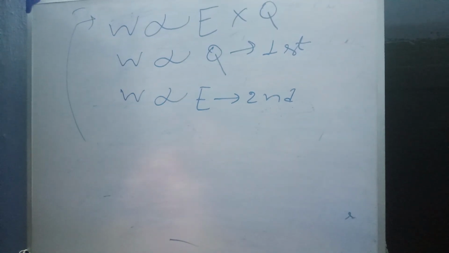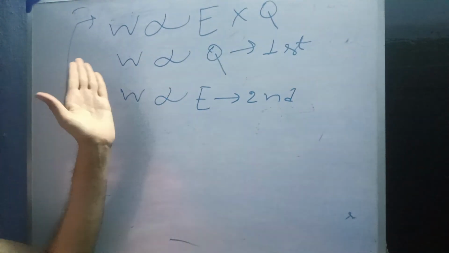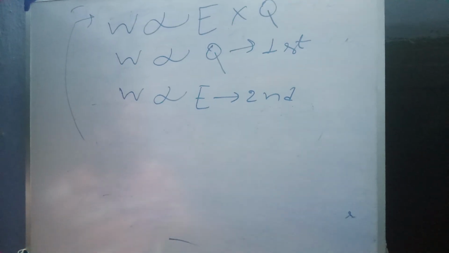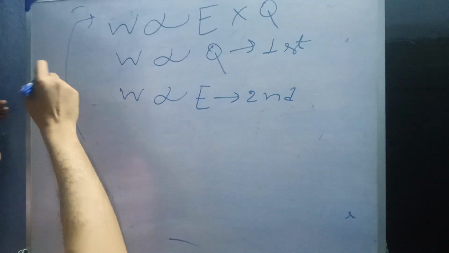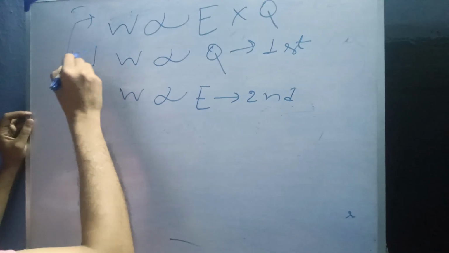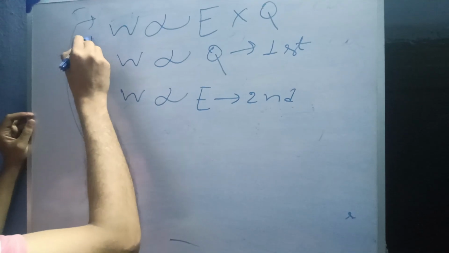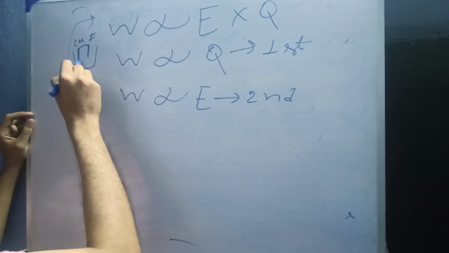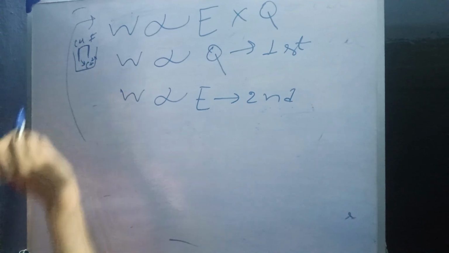So, the statement of Faraday's first law is the amount of any substance produced at cathode or liberated at anode, because if we take the reverse reaction where the anode is copper, then also if 1 Faraday of electricity is passed, then from the anode only one equivalent of copper is dissolved as copper 2 plus.